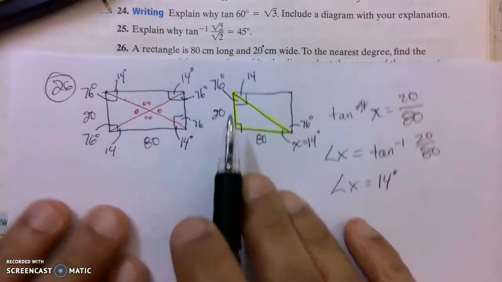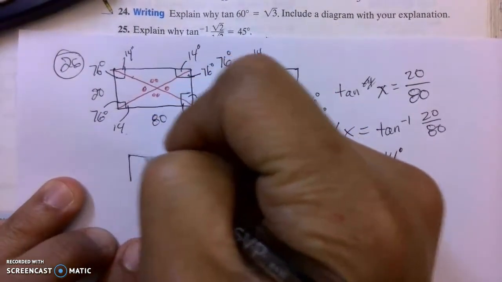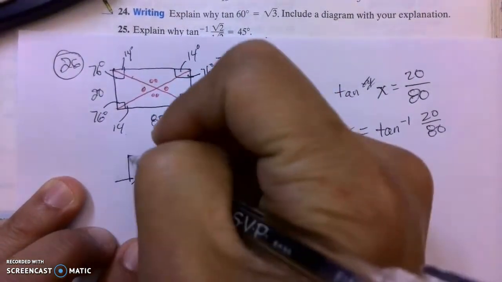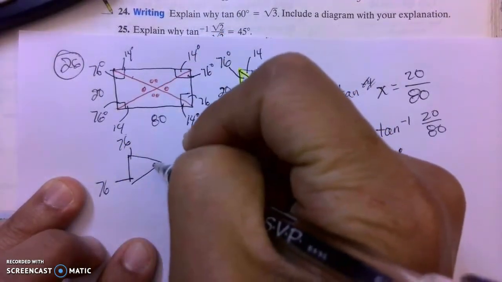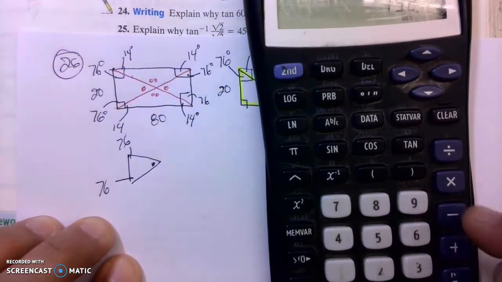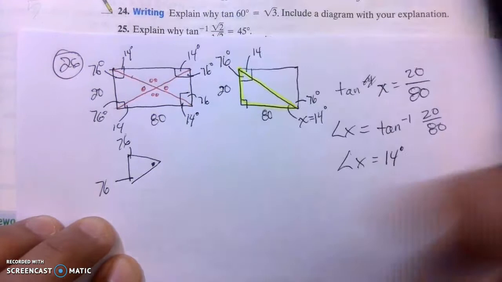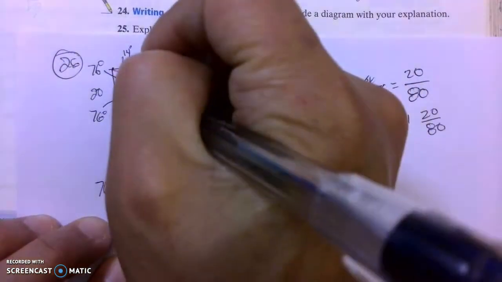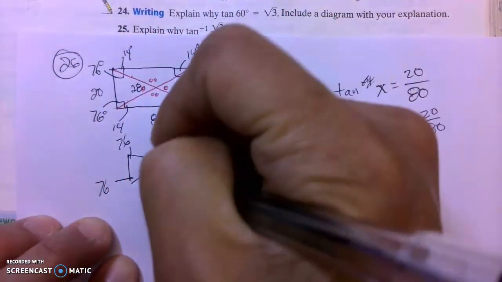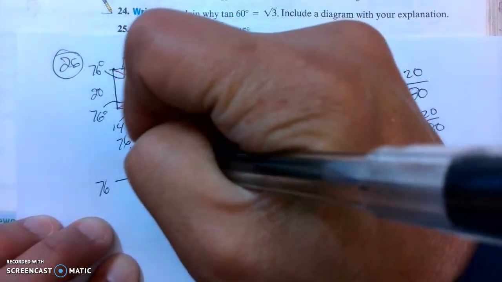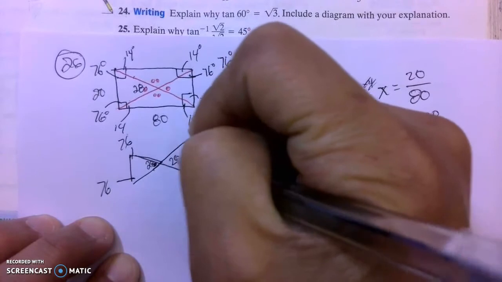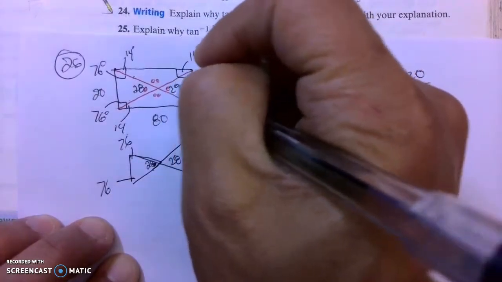Now I can go to the inside angles. Let's look at this triangle here. On the far left, this is 76, this is 76. I can figure out this single dot: 76 times 2, then subtract that from 180. This is 28 degrees inside there. And of course, if that's 28 degrees, that's also on the other side 28 degrees.